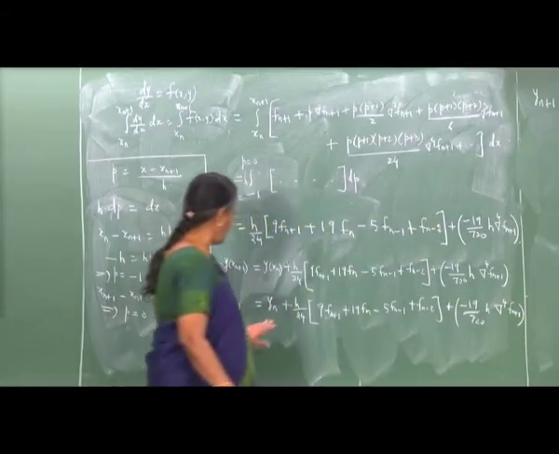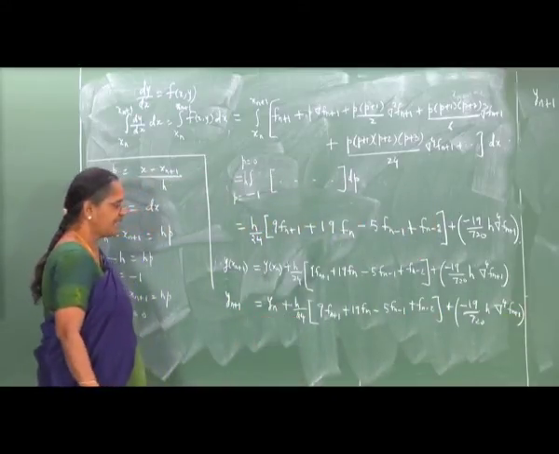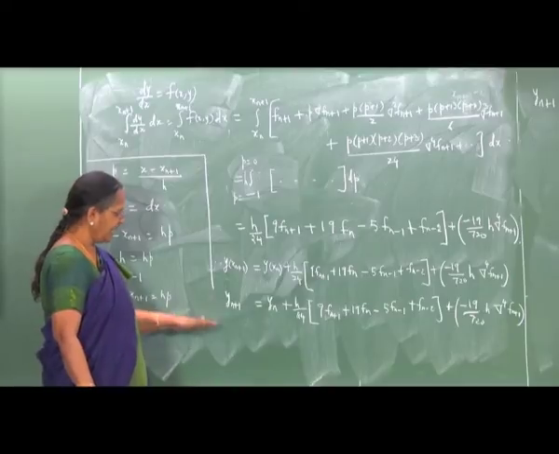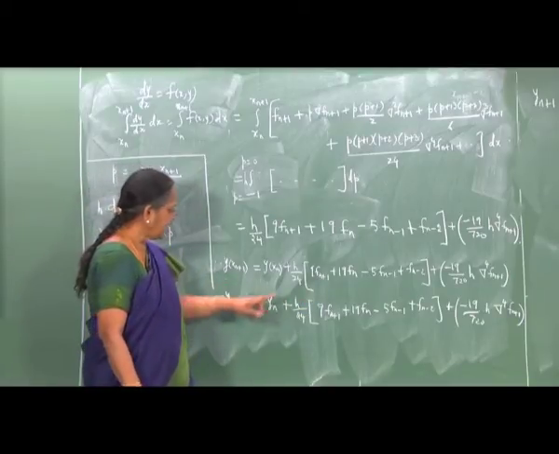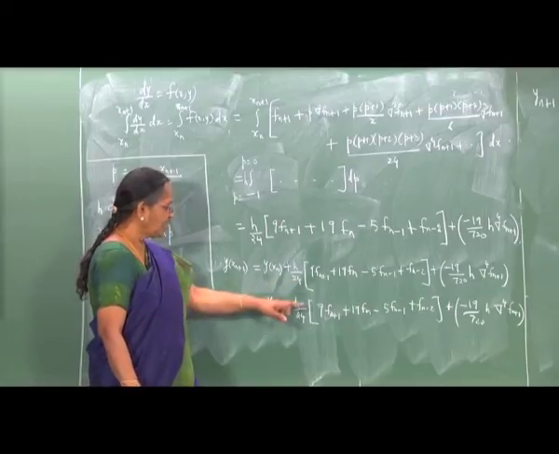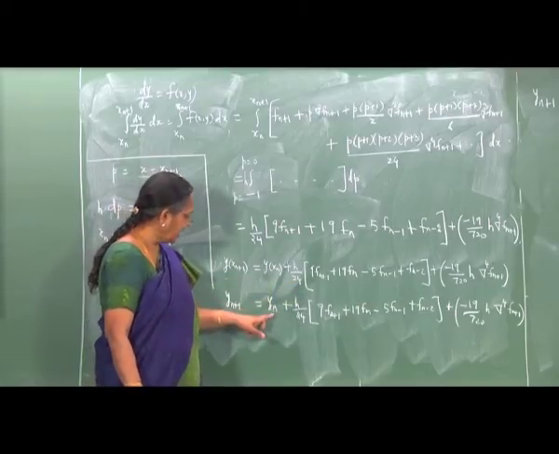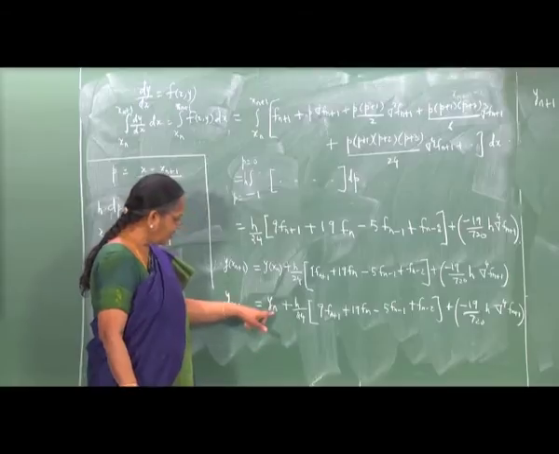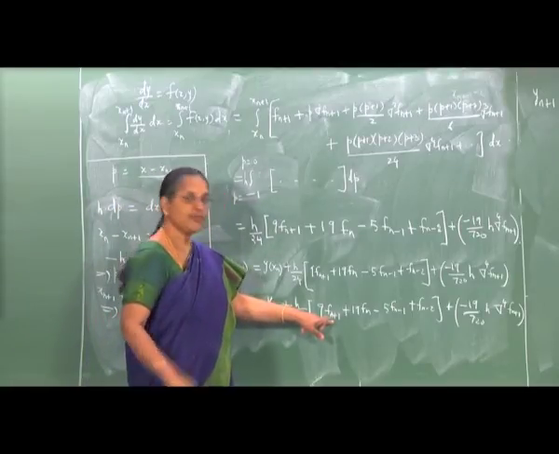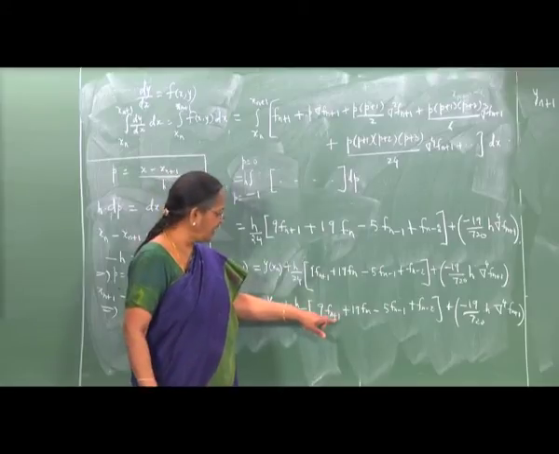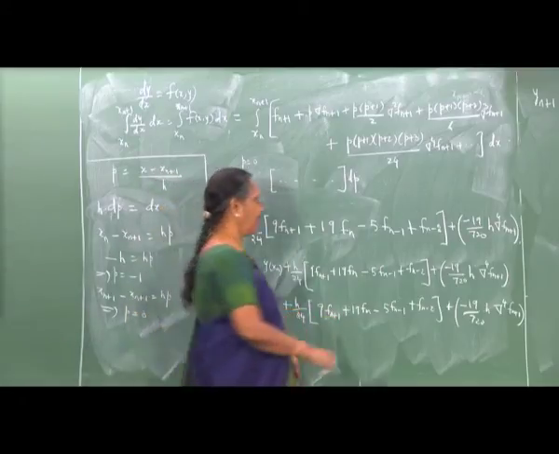So, let us look at this method that we have derived. Again we observe that it is a multi-step method. It requires the knowledge of the solution at xn, which is yn, at xn plus 1, which will be yn plus 1, only then we can compute what fn plus 1 is.